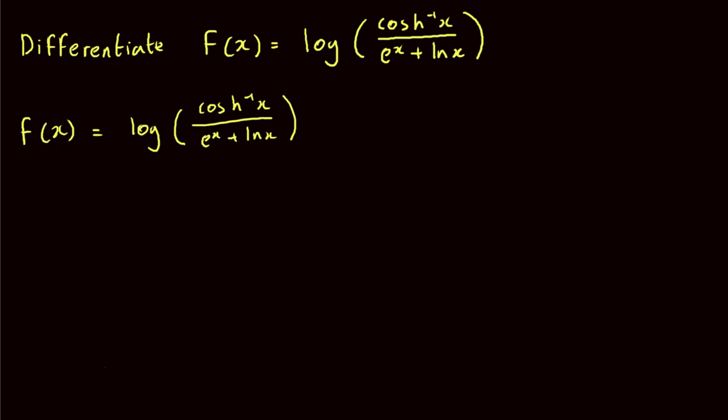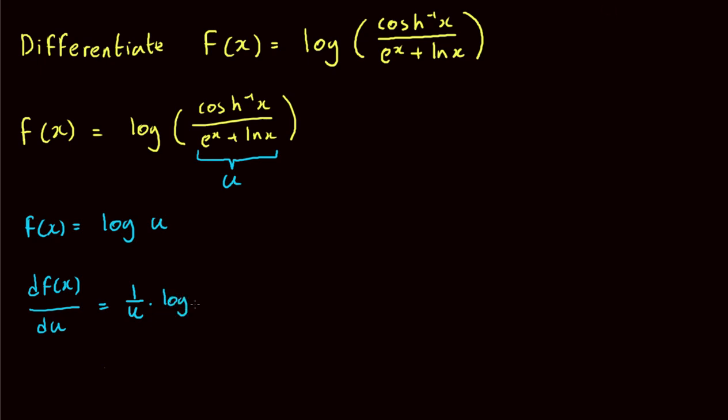I'm going to take this as u, so f(x) can be expressed as the logarithm of u. And we know that df over du is just 1 over u times the logarithm of e, base 10 of e.